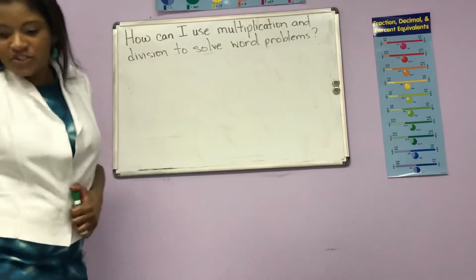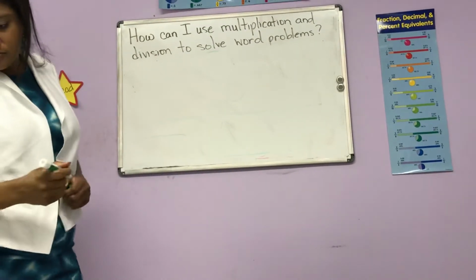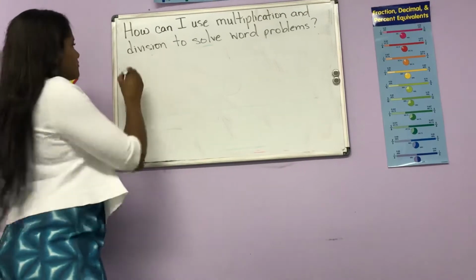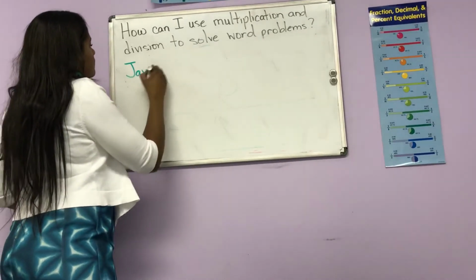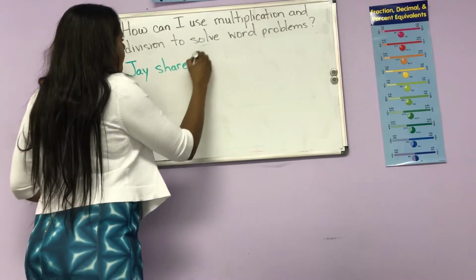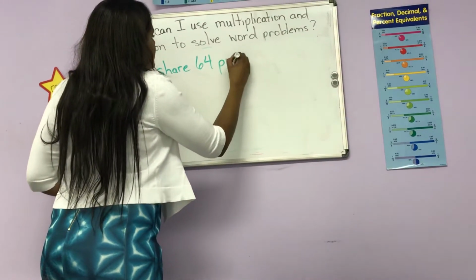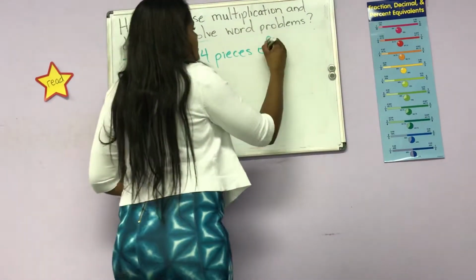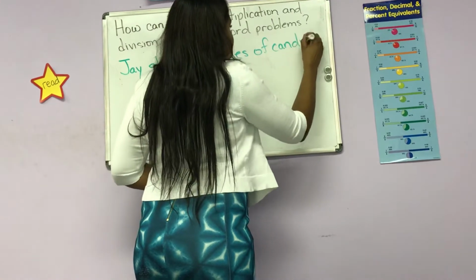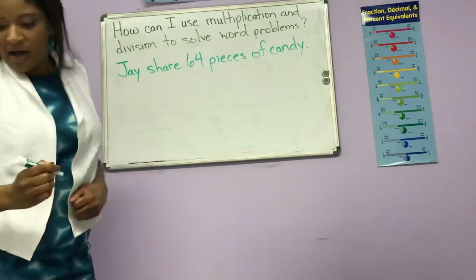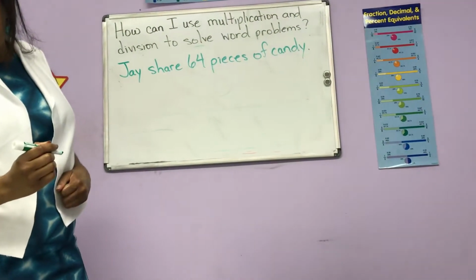All right, so our next one says Jay shared 64 pieces of candy. And once I've written the problem, if you want to pause and try it on your own, you can.